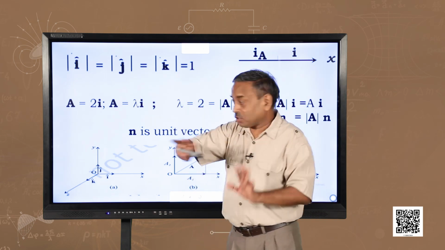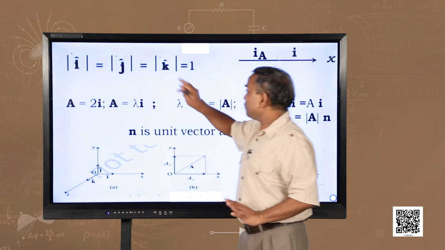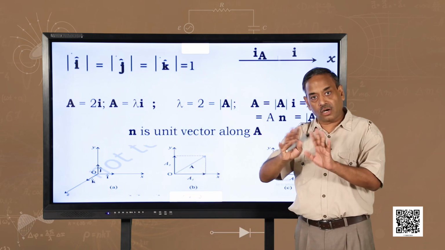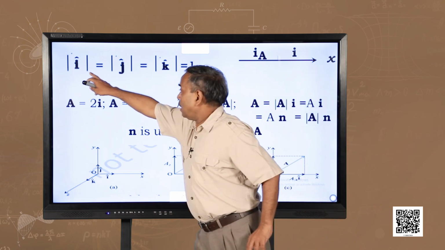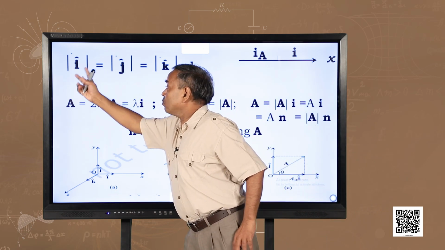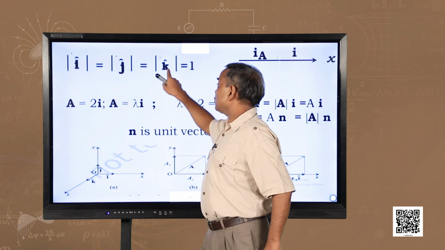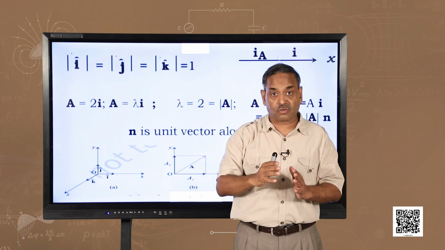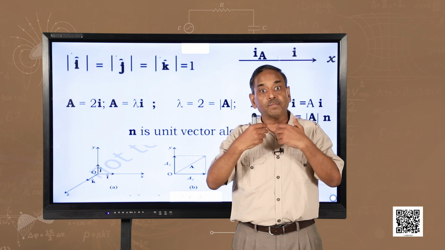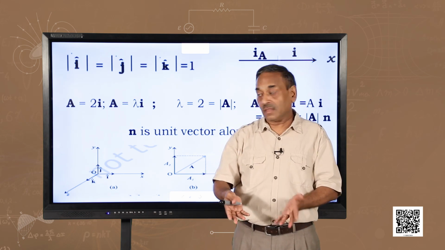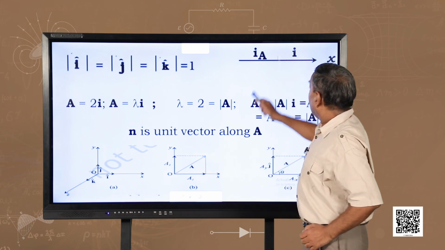Do not worry about this notation. Here I have used caps. Do not worry whether you use a cap or not, same thing. These two long bars tell you the modulus. Its modulus is 1, its modulus is 1, its modulus is 1. When you take the modulus of any vector quantity, it means it has lost its directional properties. So, it is always 1.